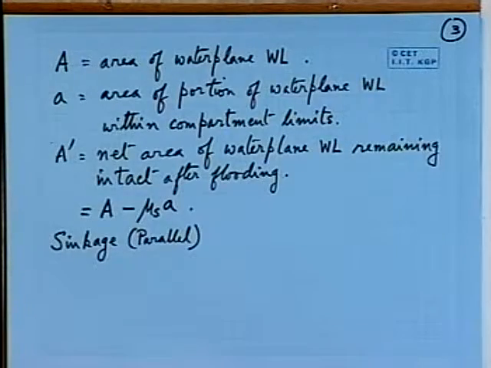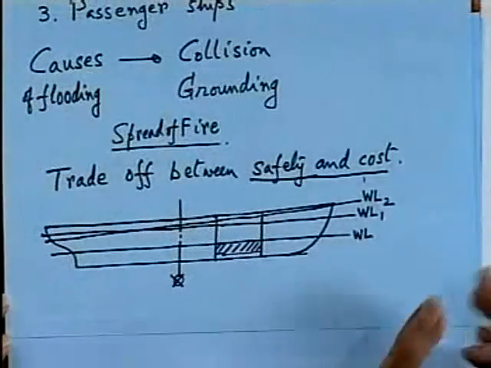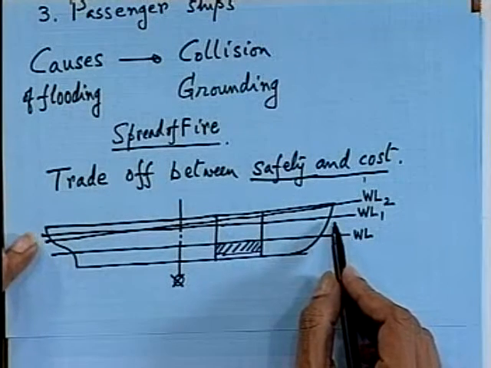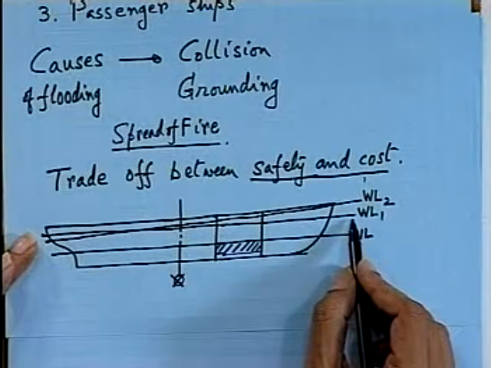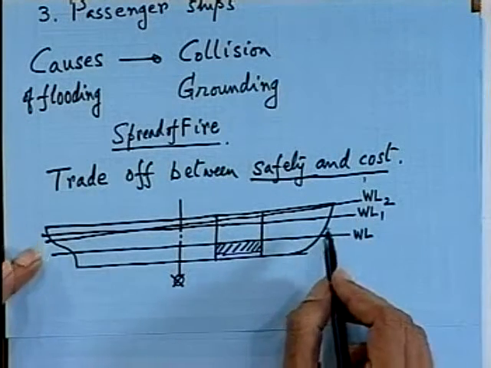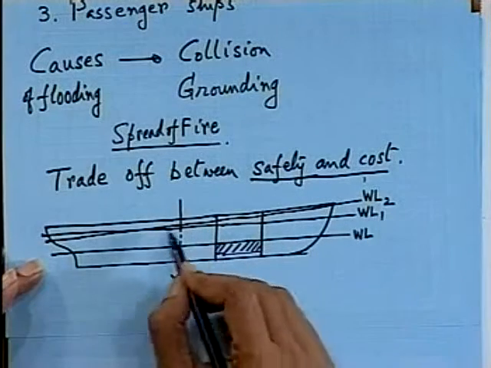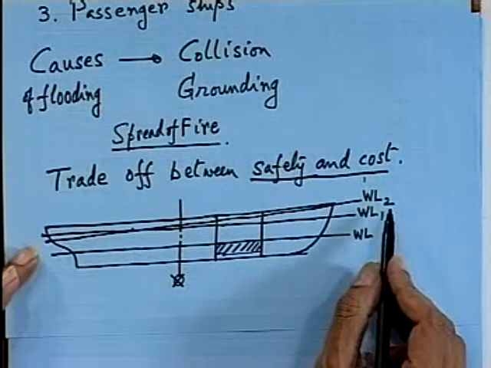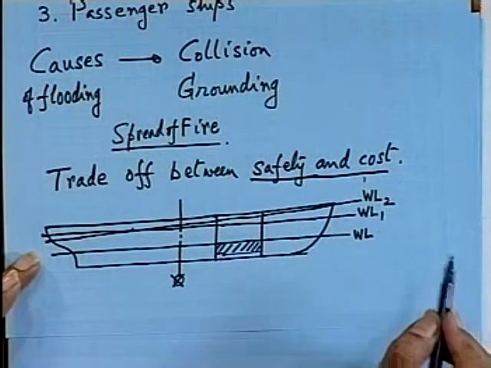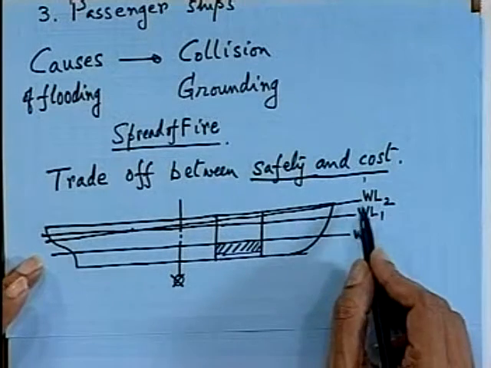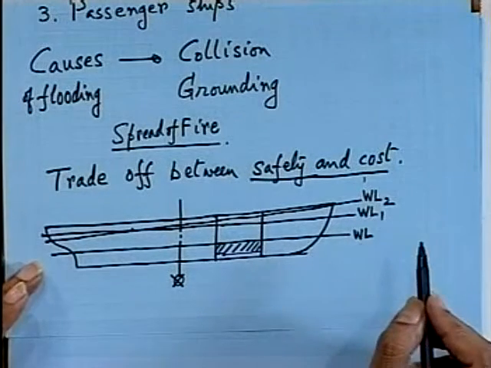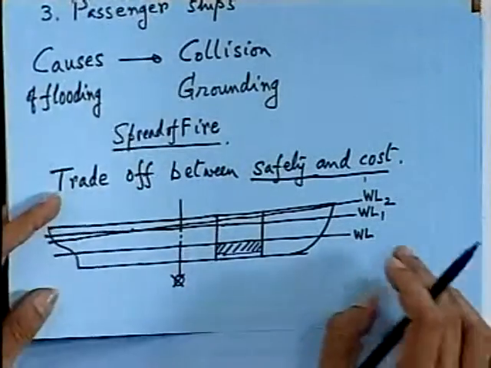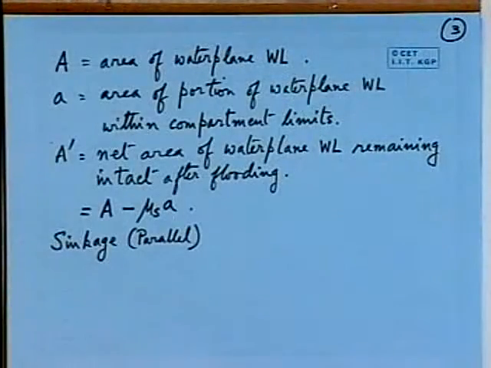So if you want to calculate the final draft of the ship, first assume the ship has sunk to a waterline parallel draft of say WL1, and then it has trimmed, it has rotated about this longitudinal center of flotation, and the final waterline is WL2. So two calculations, that is your sinkage and trim, are superimposed or combined, that is numerically they are added, and we get the final draft of the ship.